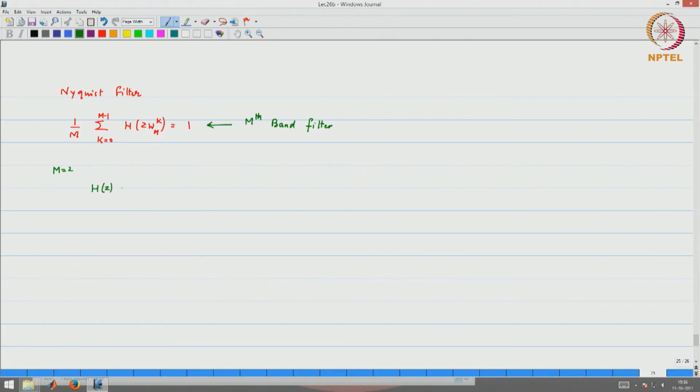This is H of z plus H of minus z add up to 1, with a scale factor of 1/2. So, this is the condition of a half band filter.